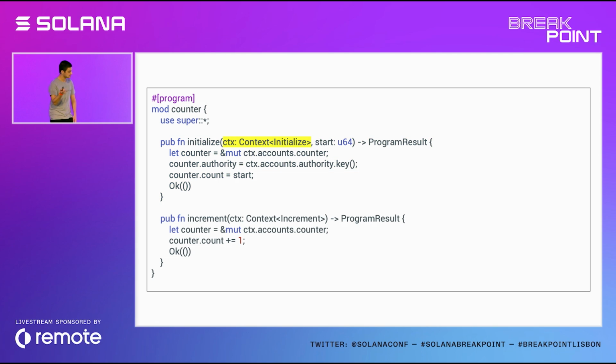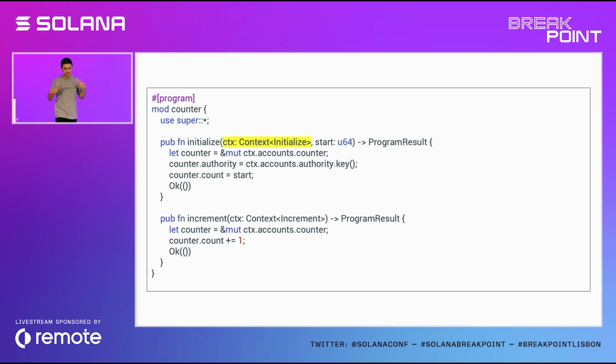So what you'll notice is the first parameter here is this context, generic over some inner type, which is the initialize struct here. And this is the same initialize struct we previously defined. And so what we know by just looking at this code is, if we ever enter the body of this function, then we can prove to ourselves that we have a new counter.